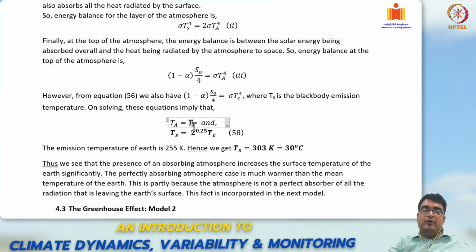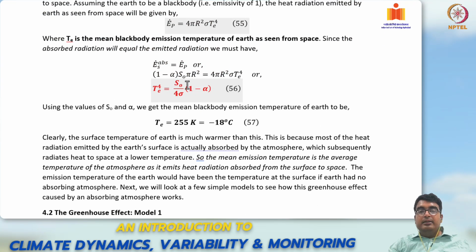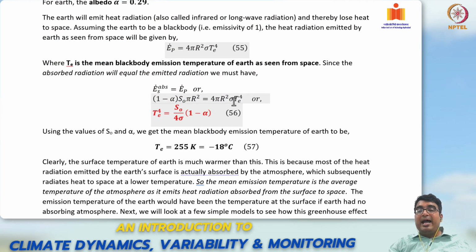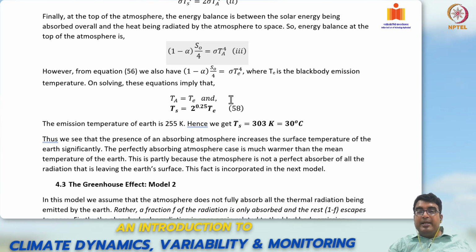Okay. How did we get this? As seen from space, incoming absorbed solar radiation is the outgoing thermal radiation, and incoming absorbed solar radiation is also equal to sigma times the black body emission temperature to the power 4. So the temperature of the atmosphere must be equal to the black body emission temperature by this expression.